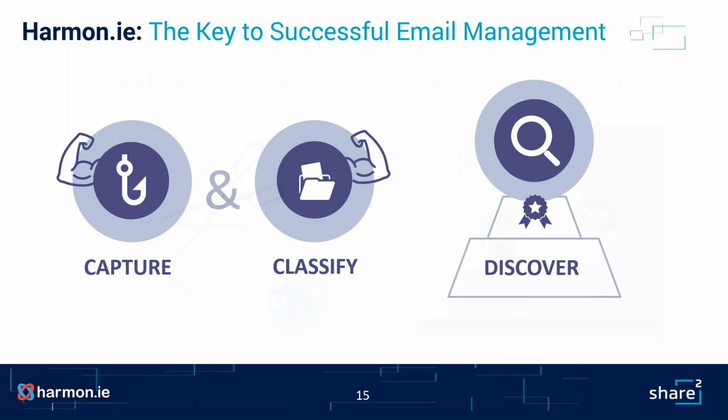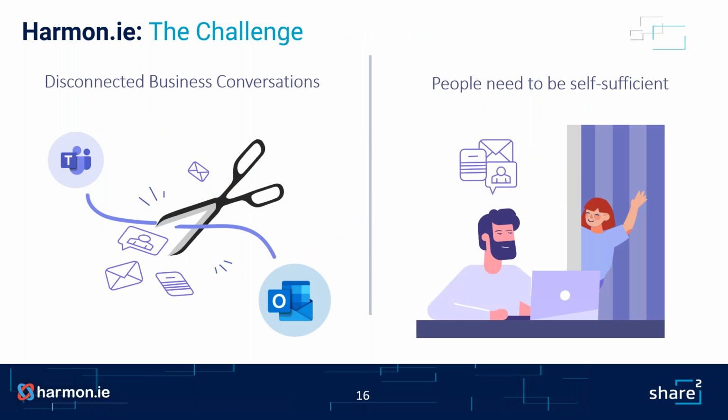Okay. Next slide, Jim. So as we move there, in email management we start to have some new challenges. One is what we've coined disconnected business conversations. As with any new technology, there's always going to be a transition period, with some people using Outlook and some people preferring Teams.